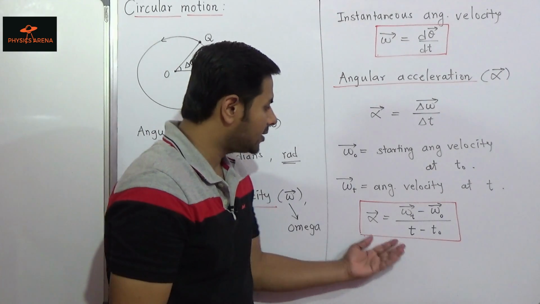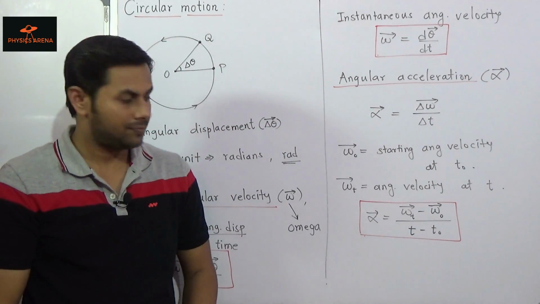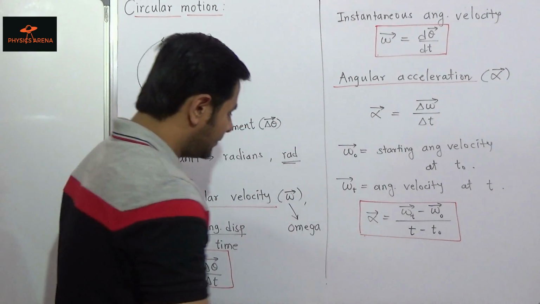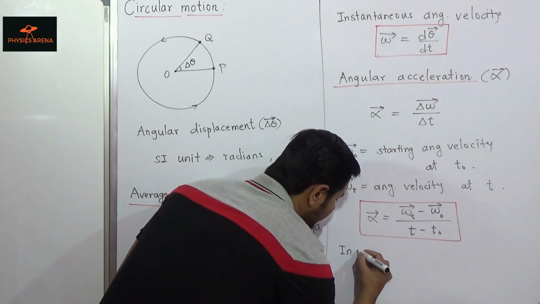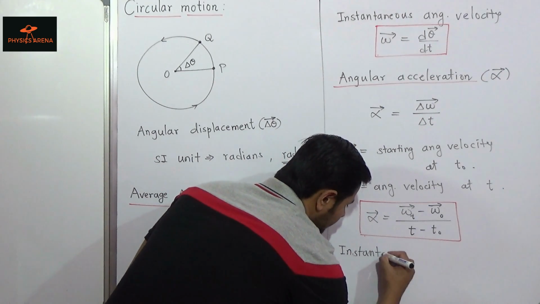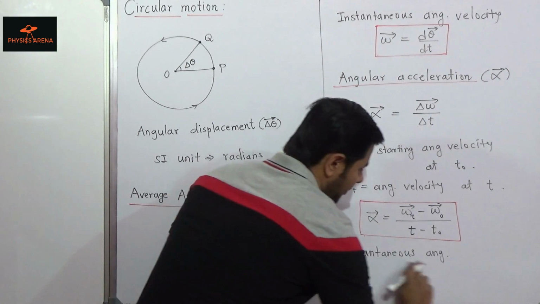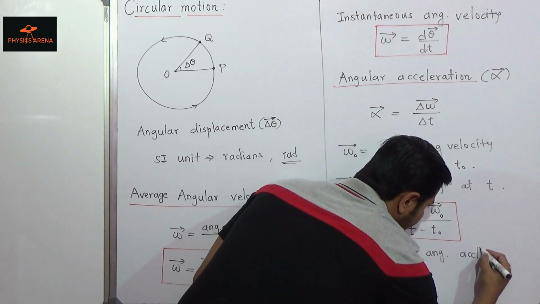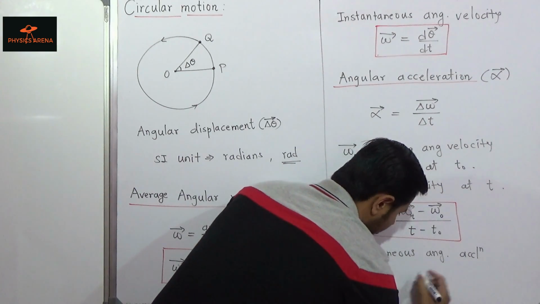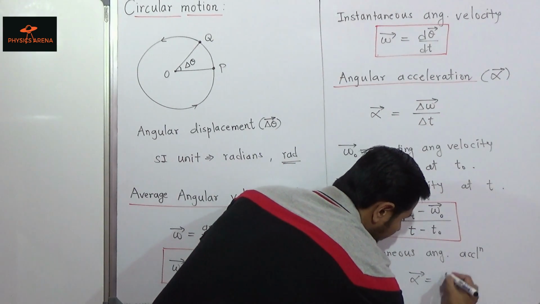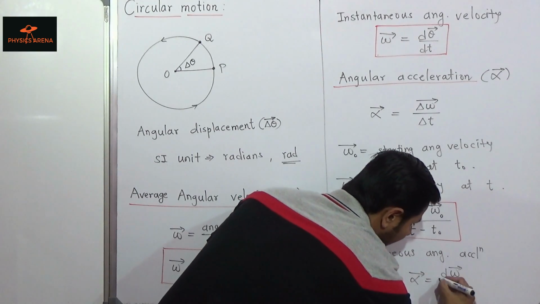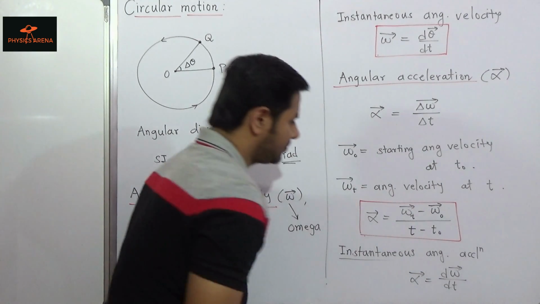Okay, so this is again the average value. In order to find the instantaneous value, the instantaneous angular acceleration, alpha will be just the derivative of omega with respect to t.